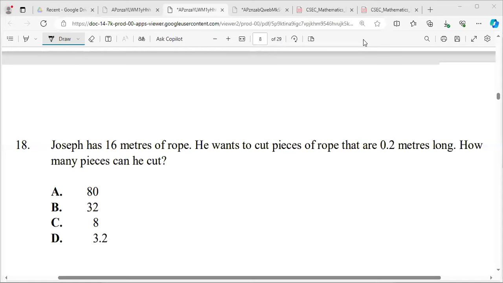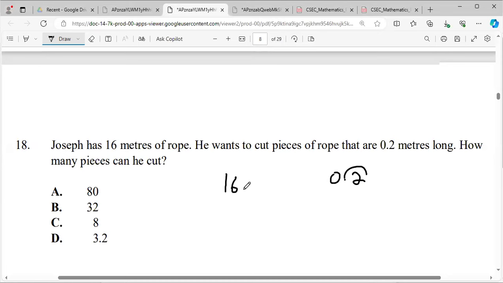I converted 0.2. I moved the decimal point one place to the right to turn 0.2 meters into 2 meters. And if you're doing one thing to one number, you have to do the same to the other number to keep it in balance.